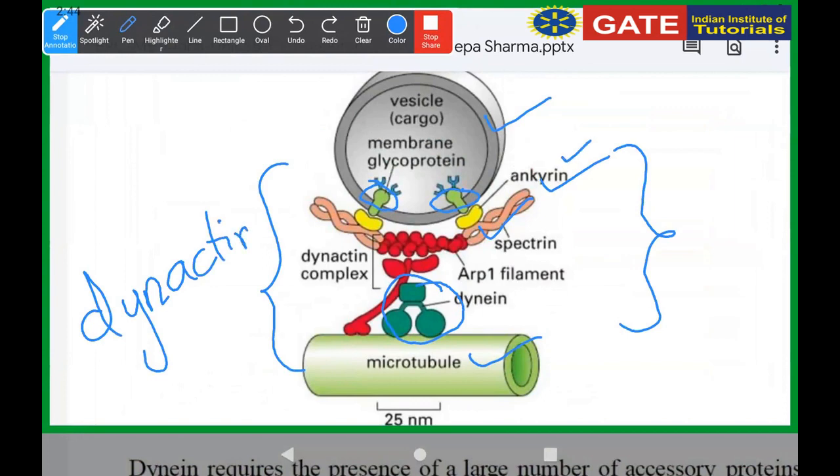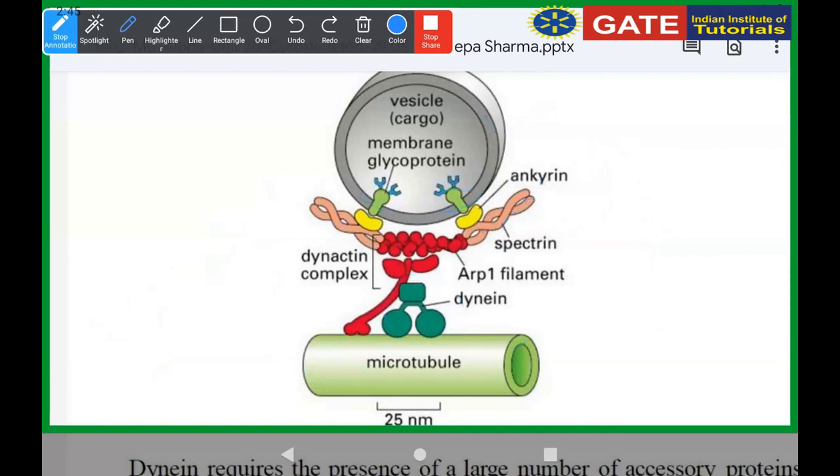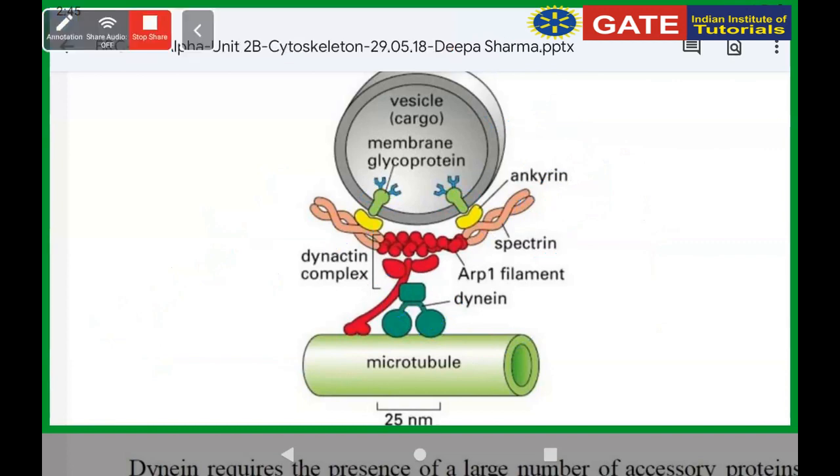See, spectrin and ankyrin are also cytoskeletal proteins. They are not major, but they are cytoskeletal proteins. For the transport of one vesicle, all these are integrated, bind each other and perform their action.